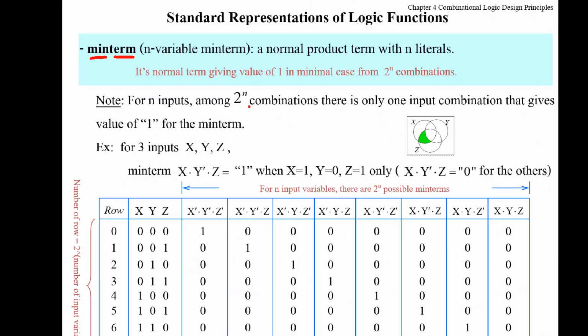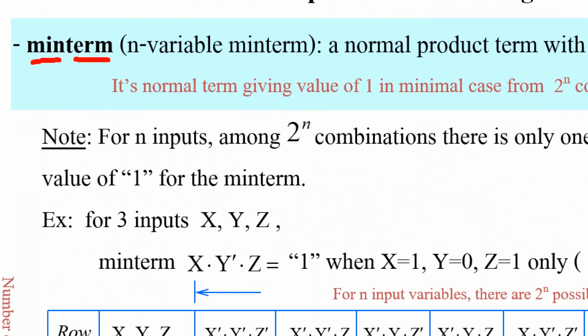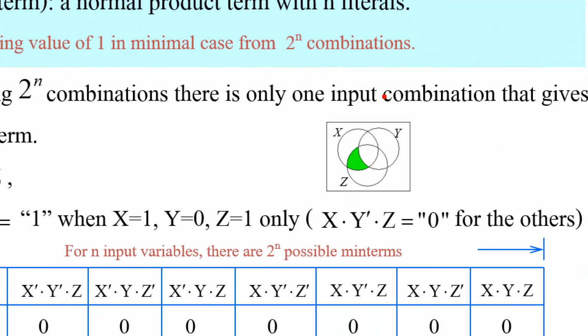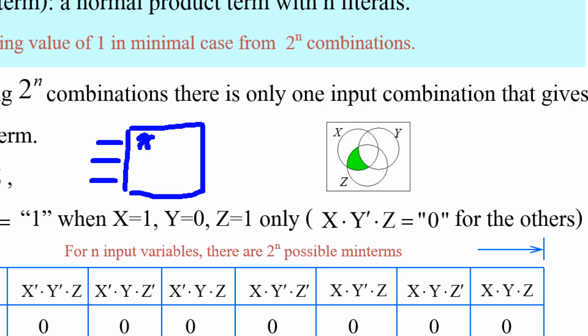For example, if your system has three input variables x, y, and z, and output f, how many combinations of input values are there for three input variables?